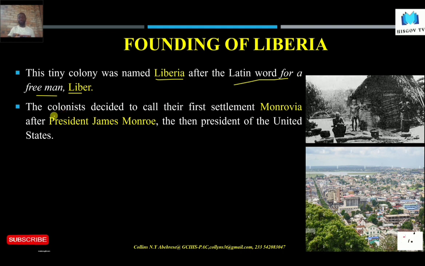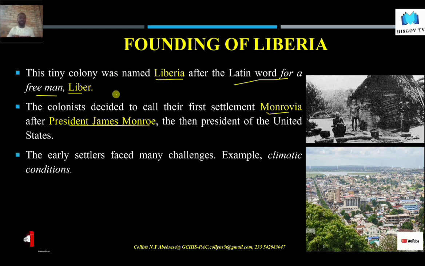So then the colonists decided to call their first settlement, that town, as what? Monrovia. All right, and this Monrovia was named after James Monroe, who was then the president of the United States at that period.